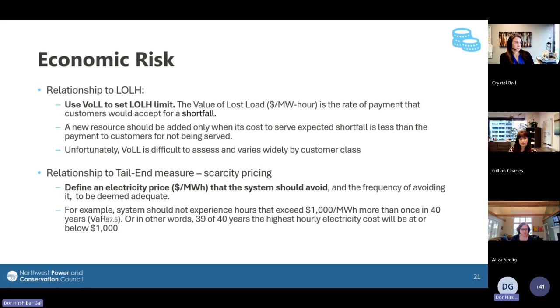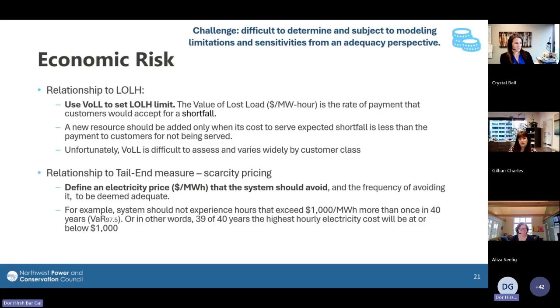So, if your model is able to dispatch resources and you have high confidence that those costs are nuanced enough, you could see what hours, if they reach that value, and if they are too frequent, you could say it is inadequate because we are having high costs too often.